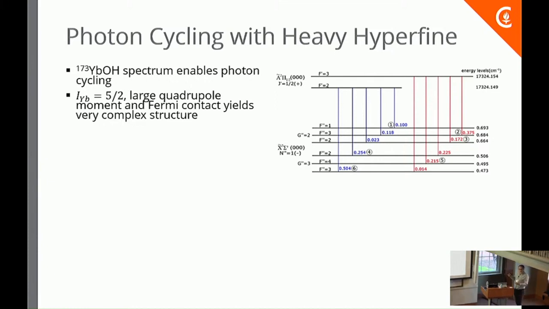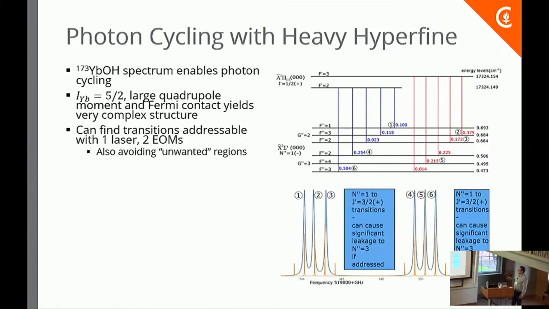So it gives a very complicated spectrum with a lot of levels. But you can find rotationally closed cycling schemes that basically plug all these different hyperfine channels, and in particular you can find a scheme where you can address all of the ground states with just one laser that you modulate with 2 EOMs, in the sense that every ground state is addressed by one of these two combs.